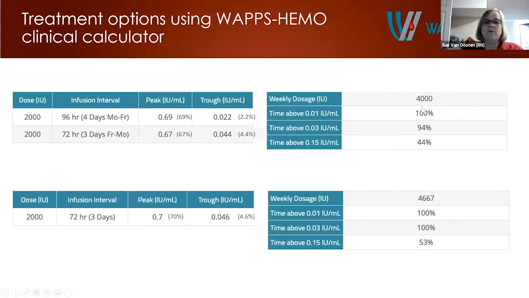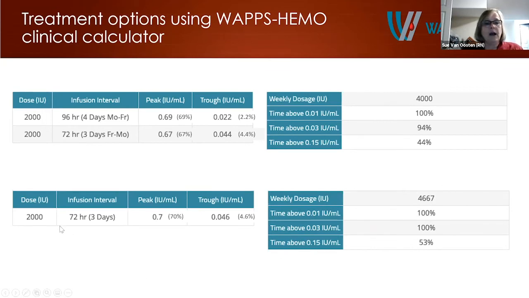So by using 4,000 units in a week, he's still above 1% all of the time. He's above 3%, 94% of the time, and he's above 15%, 44% of the time. That's still very, very acceptable.